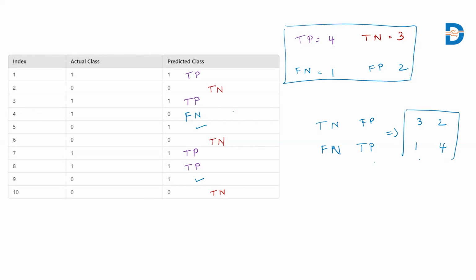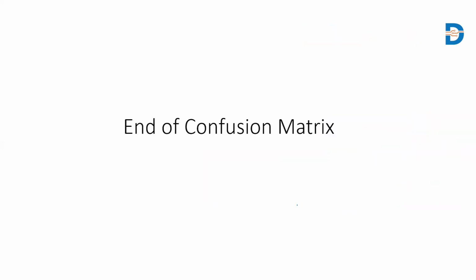This is how we can arrive at a confusion matrix. That is, a total of 7 records are correctly identified by the model, and 3 records are misclassified by the model. Okay, this is the perspective that confusion matrix will give us. So with this, we are coming to the end of confusion matrix, an important classification evaluation metric.